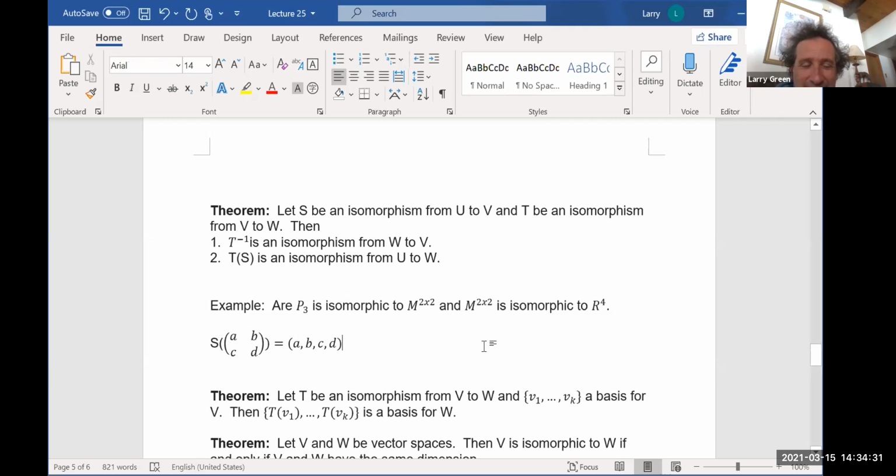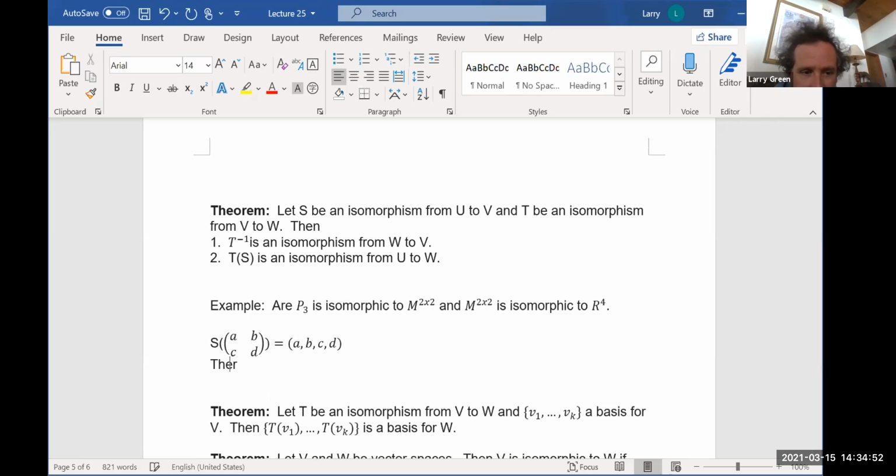There's nothing there. You just read it, but you read it not thinking of it as a matrix, you read it thinking of it as an R4. And that's an isomorphism. So since I have an isomorphism from P3 to M2 by 2, and an isomorphism from M2 by 2 to R4, that means that P3 is isomorphic to R4.